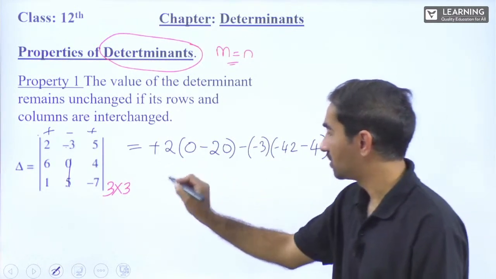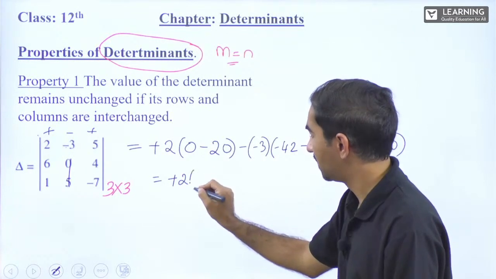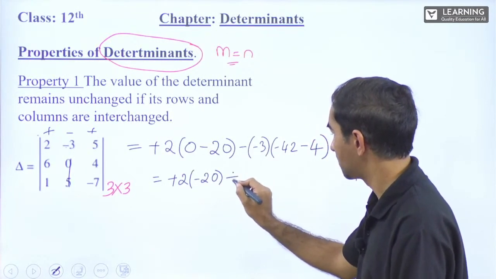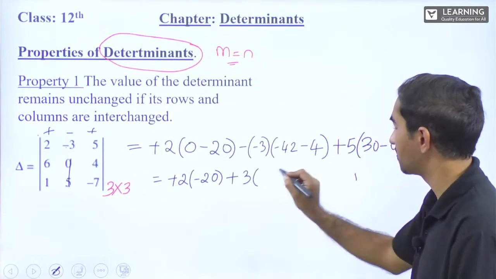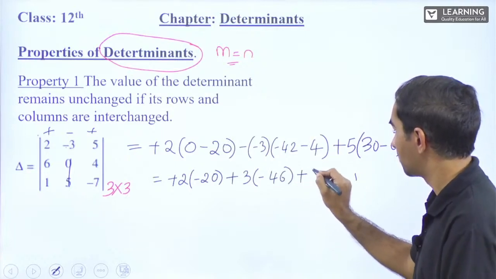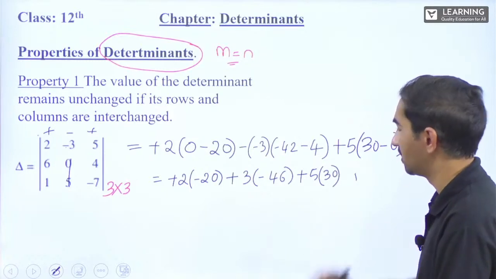Evaluate this now. Simplification: plus 2 of minus 20, minus into minus is plus 3 of minus 42 minus 4 is minus 46, plus 5 of 30 minus 0, which is 30.